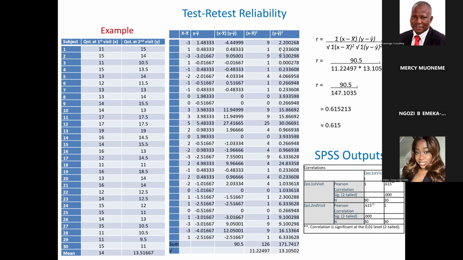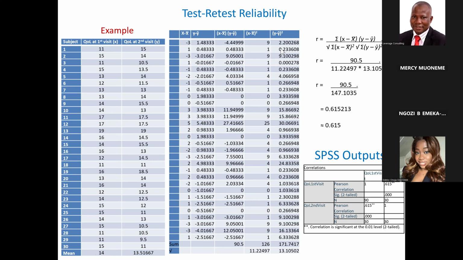Quality of life at the first visit versus quality of life at the second visit for a group of about 30 people. You just correlate. The computer will give you the result. The correlation is 0.615.